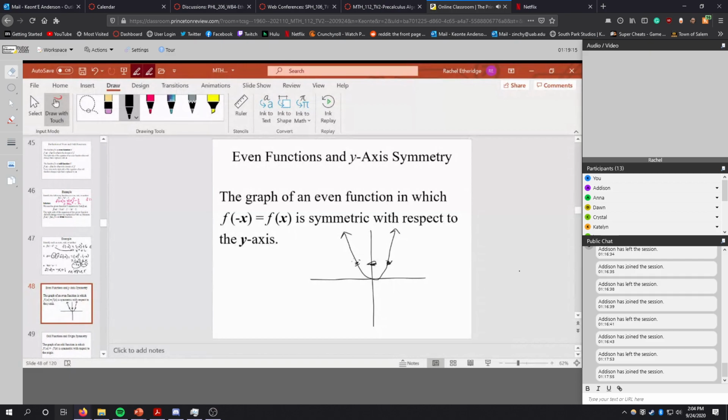So this point here is x, and this is the matching point, negative x. So that's symmetry. You could fold the right-hand side over to the left side, and it would match.